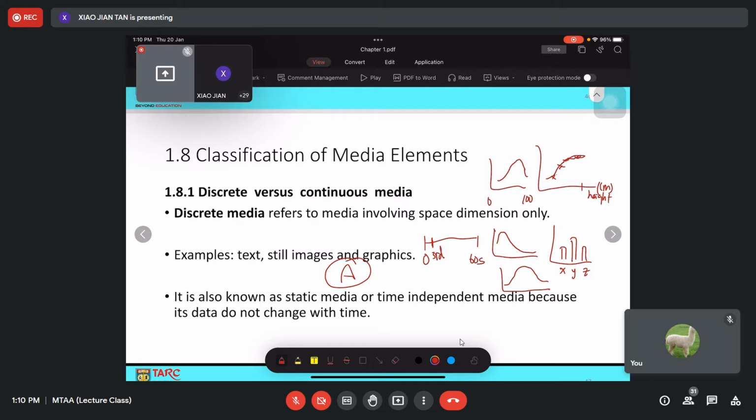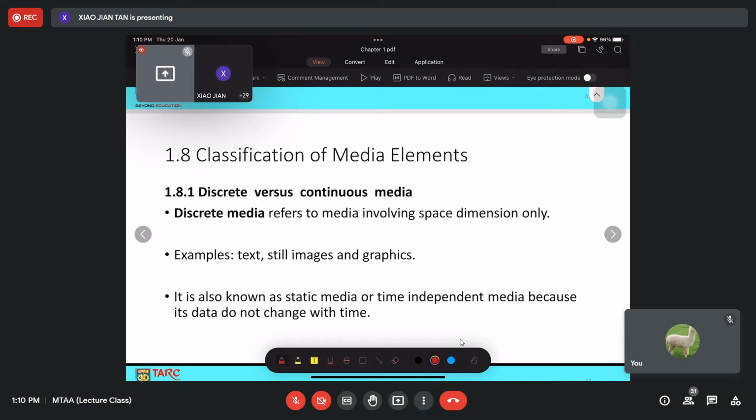So that is meant by discrete and also continuous. For discrete you can have text, still image, and for continuous it could be audio or video, or maybe animations, because animation is sort of looping a few images in a series, maybe 2 seconds, 1 second, something like that. So that would be the classification of media element.